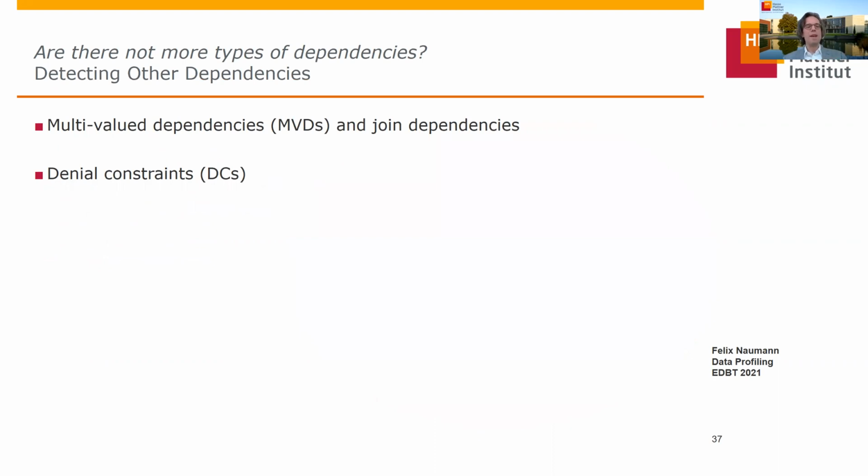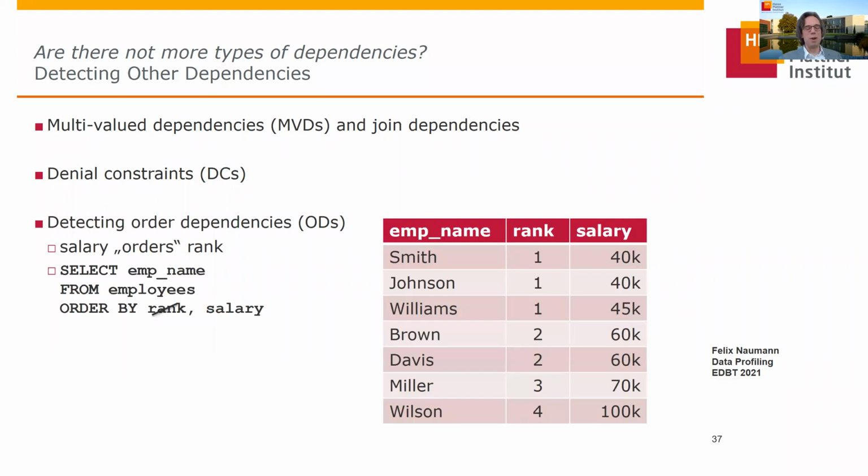So, of course, there are other types of dependencies. I only mentioned a few. Obviously, if you open up any textbook, you'll find multi-valued dependencies, right, which are relevant for fourth normal forms, or join dependencies. There are denial constraints. There's all sorts of things. One thing I just wanted to quickly show are order dependencies. Actually, there's a paper at EDBT to discover order dependencies by some colleagues from Canada.